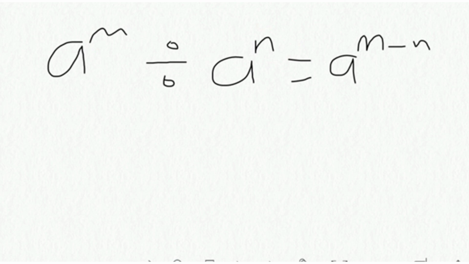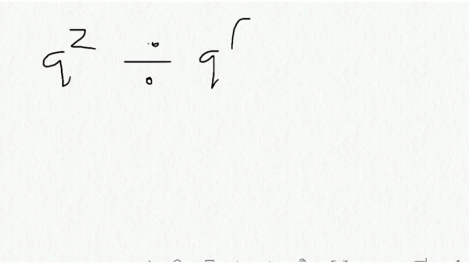Let me just write the same rule using different variables, and I will only give you 3 examples. Q to the power z divided by Q to the power f is equal to Q to power z minus f.